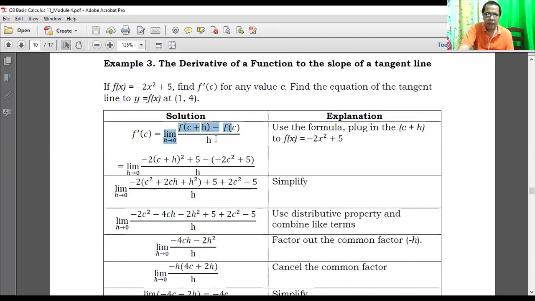Okay, then what is done is, since it is function of x, we substitute c plus h for your x. Okay? Substitute c plus h for your x first.